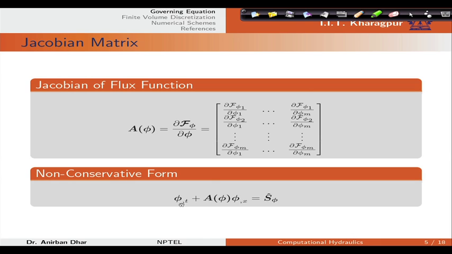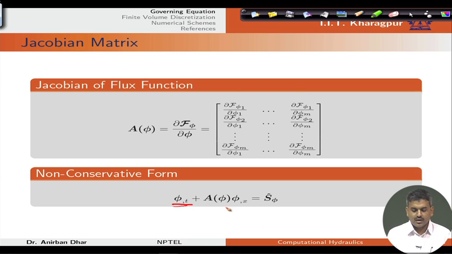Similarly, phi t is again the derivative with respect to t, A phi is our Jacobian of the flux function, and phi x is again the vector of phi with derivative with respect to x. This is the modified source function.